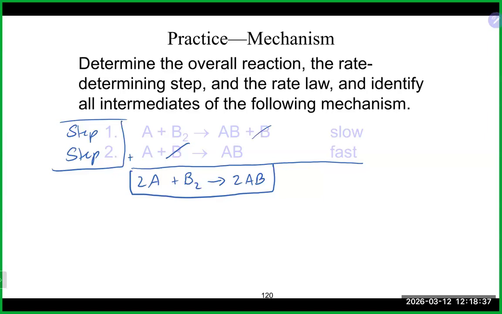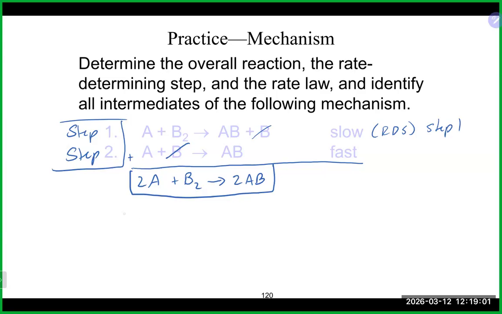Obviously here, the rate determining step is the one that is marked slow. So step number 1 should be our rate determining step. Because that is the rate determining step, we know its rate law should be the one found experimentally and should be the rate law for the reaction.